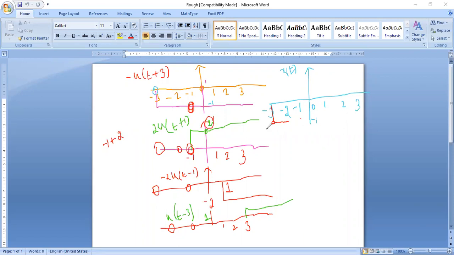So till -1, the state will be continued, where the transition is happening. At that transition, your output will be the calculated value. What is the value I have calculated? The value calculated is 1. So it will go up to 1. I hope you are getting this.